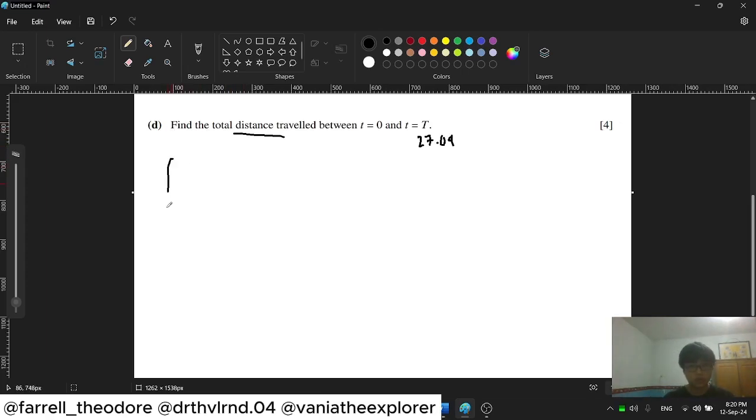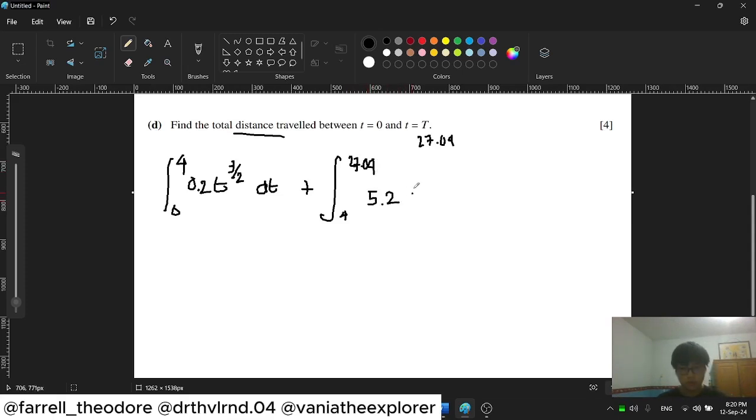The first one being the limit of 0 to 4 of 0.2 t to the power of 3 over 2 with respect to time, plus the integral from 4 to 27.04 of 5.2 t to the power of negative half minus 1 dt.